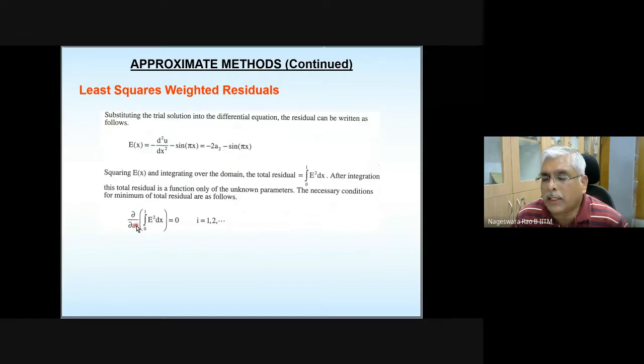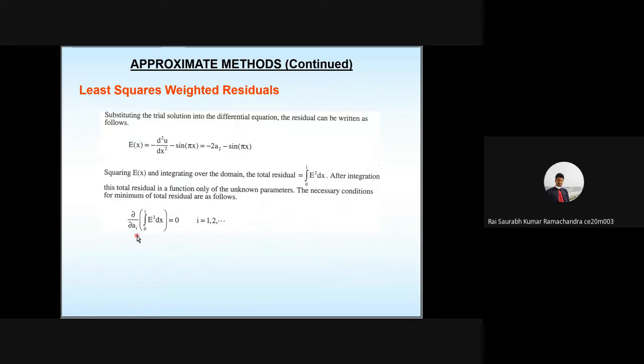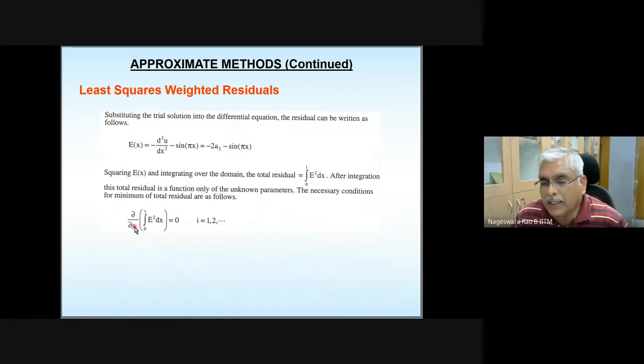Is this for a general case? Yes, if it is a general case, you need to repeat this problem starting with a higher order polynomial. Then you may end up with this error function having other coefficients as well. In that case, you need to take the derivative with respect to those also. But for this particular case, it is only with respect to a2. Okay.